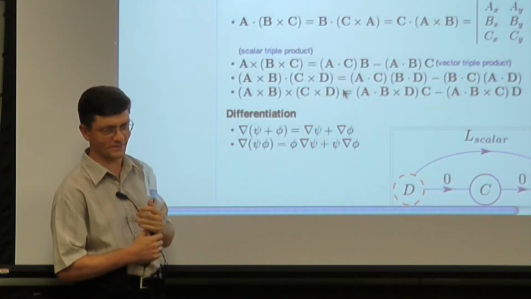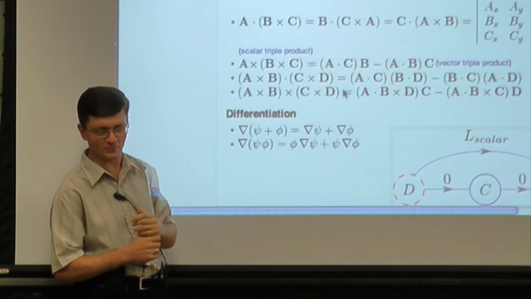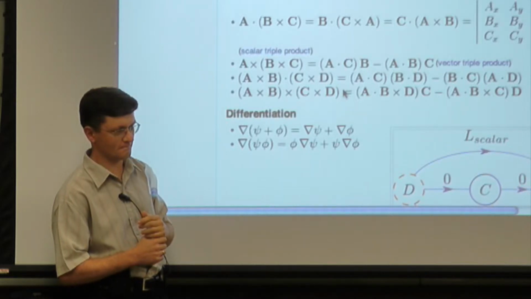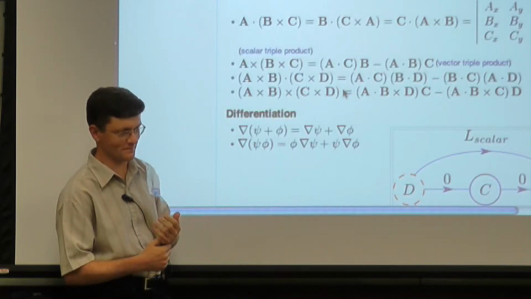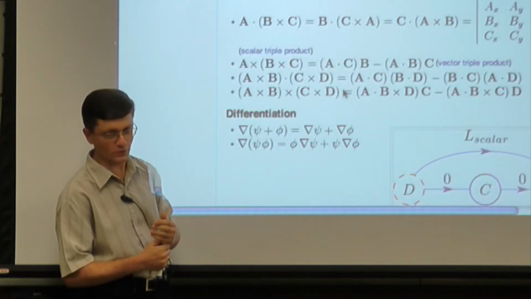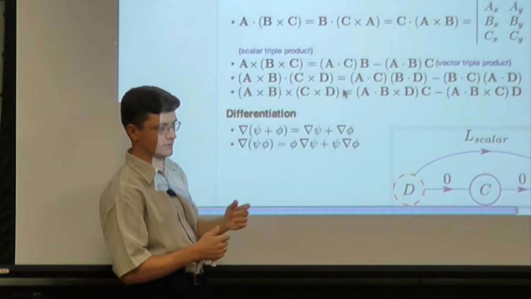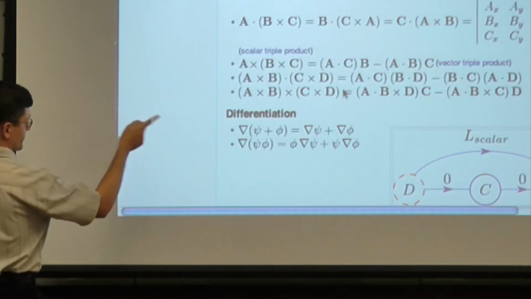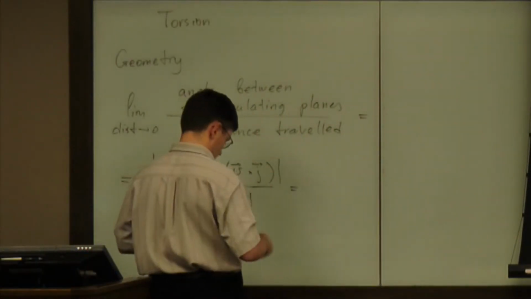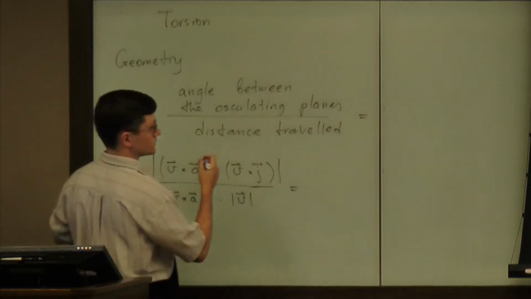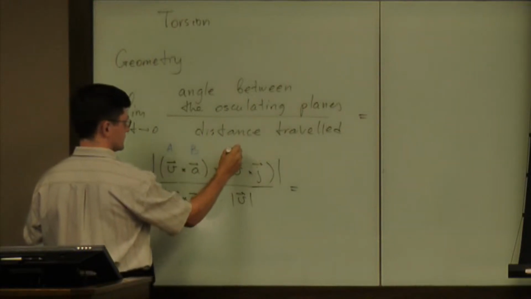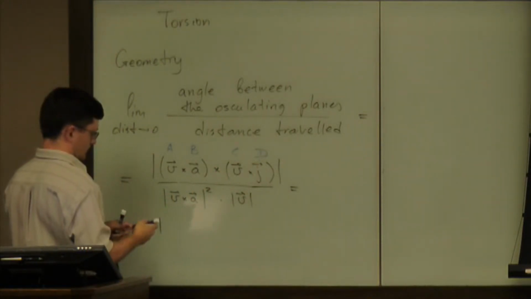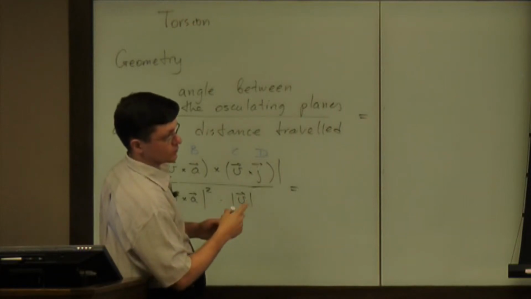And can you recognize that as something else we've seen before? Because it has a different name. It is the volume. So it is the volume on those 3 vectors, A, B, D. So if I want to use those notations, A, B, C, D, this is A, this is B, this is C, this is D. So what I need is volume on ABD.